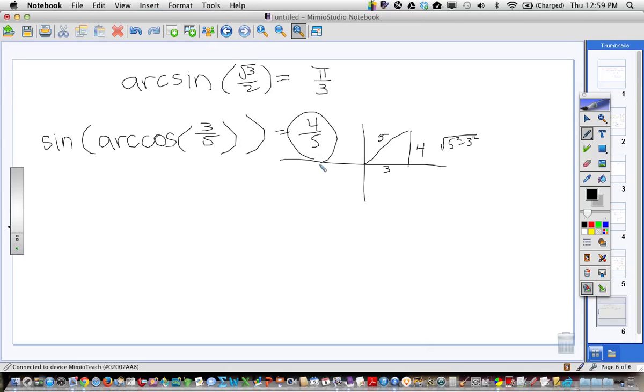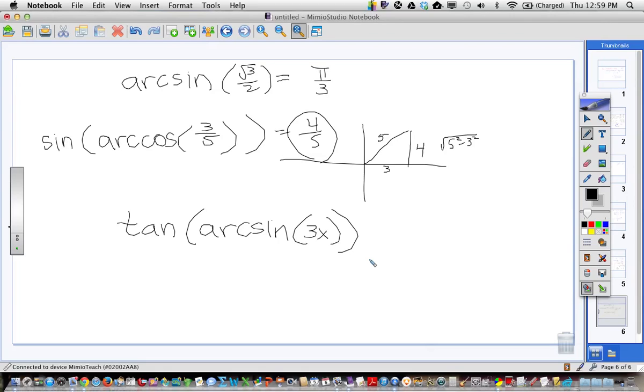All right, so now, one of the things you'll have on your homework will be questions like this. What's the tangent of the arc sine of, let's not make it too tough, let's say 3x? What's the tangent of the arc sine of 3x? Oh, by the way, type that in your calculator.